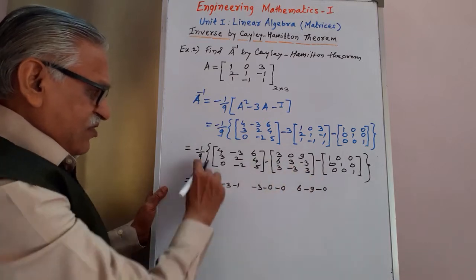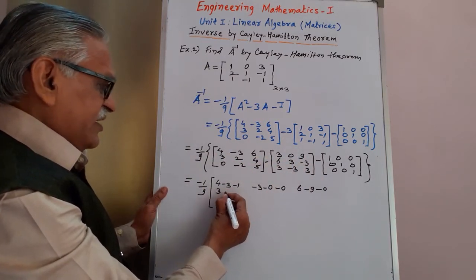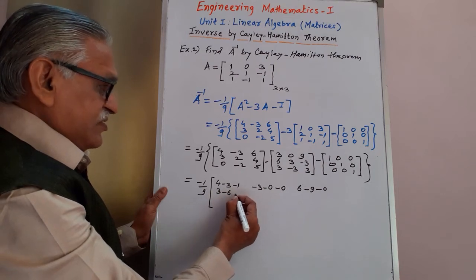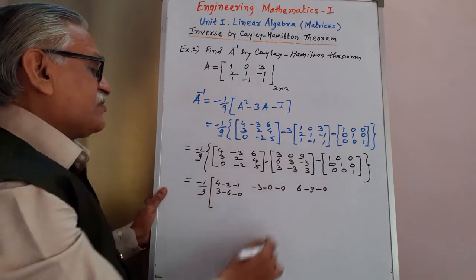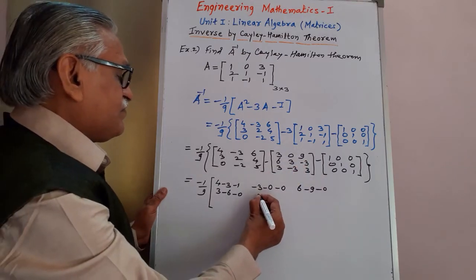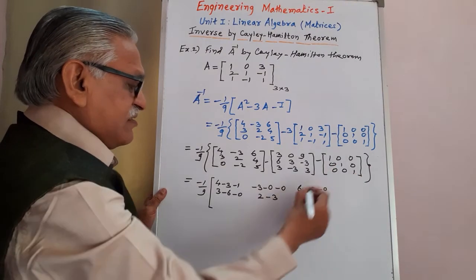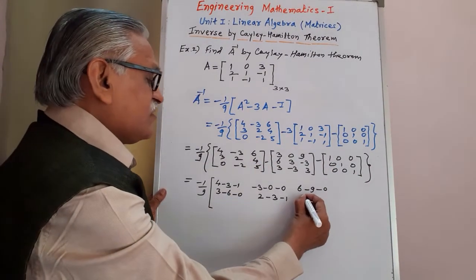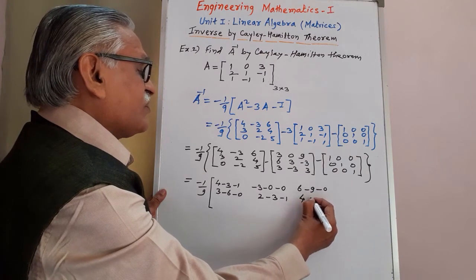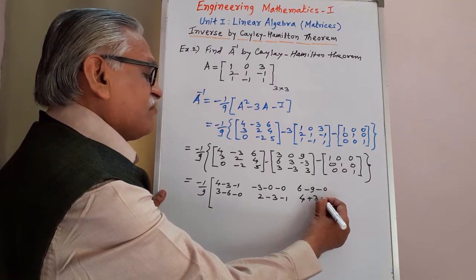Then for the second row, the first element 3 minus 6 and 0, then the second element 2 minus 3 and minus 1, then the third element 4 minus minus 3, that is plus 3, and minus 0.